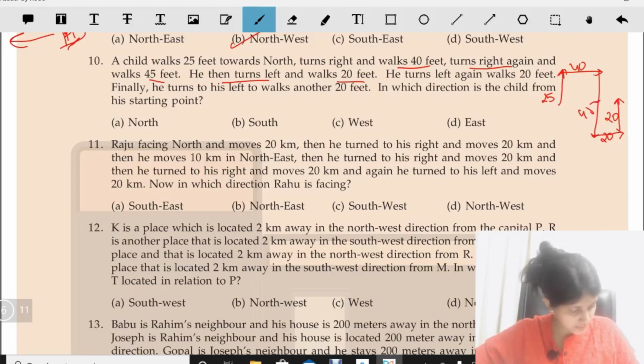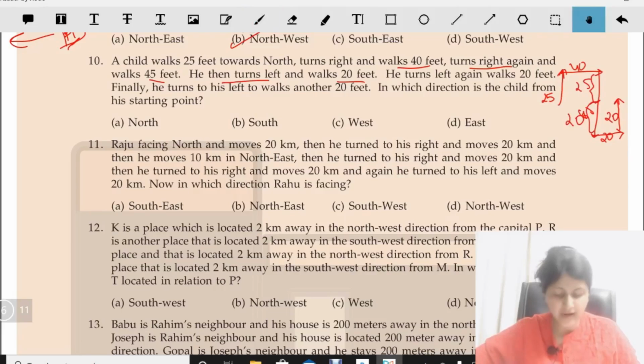So if this is 25, this is 25 and this is 20, total 45. Finally, he turns to his left and walks 20 feet.